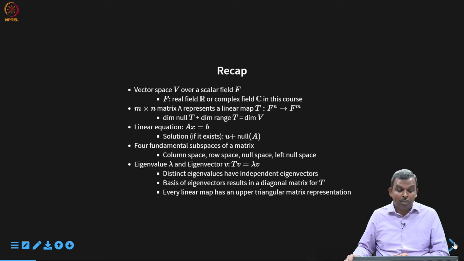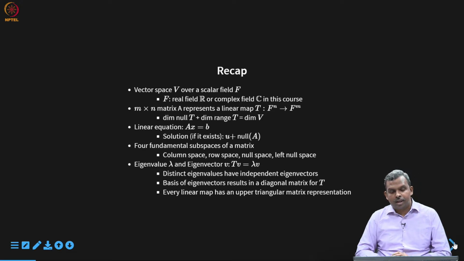Quick recap: we've been talking about vector spaces over a scalar field F, which is typically real or complex. We saw matrix representations, how various subspaces are defined around a matrix and how they contribute to solving linear equations.